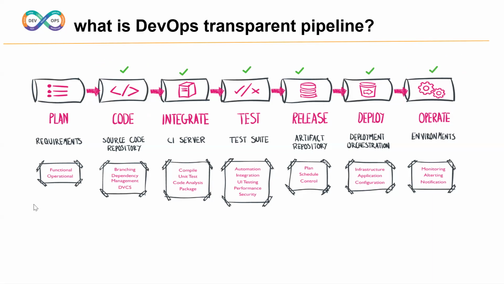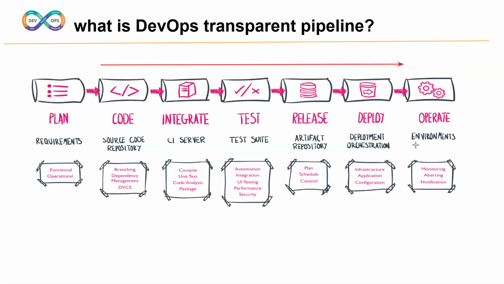But to be frank, we are not part of planning. We are not writing any code. We are not writing any test cases. We are just implementing an automated DevOps transparent pipeline from dev environment to operation.